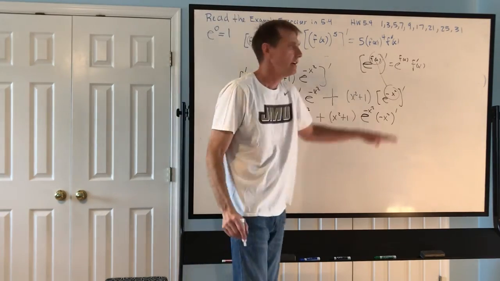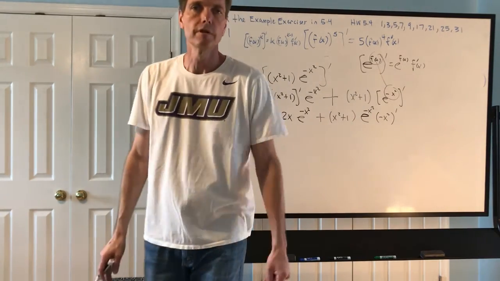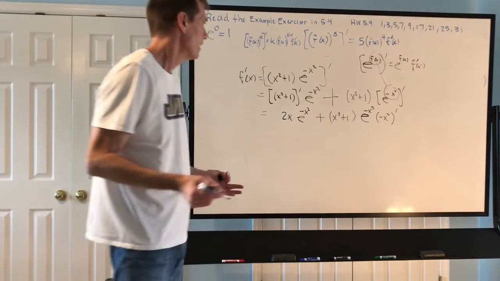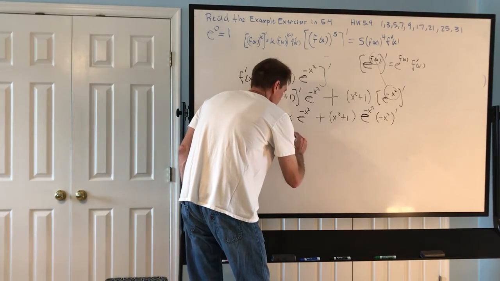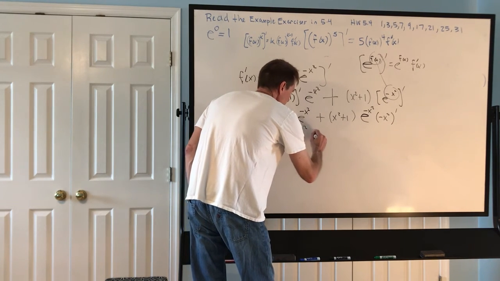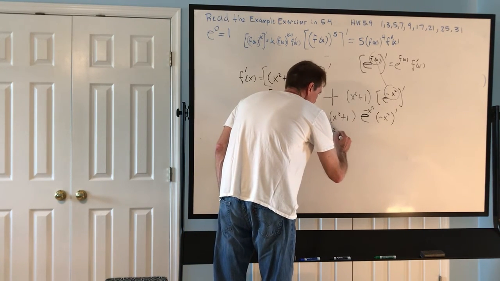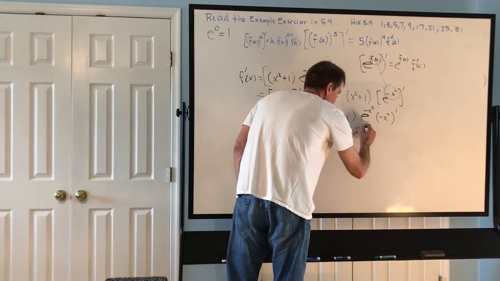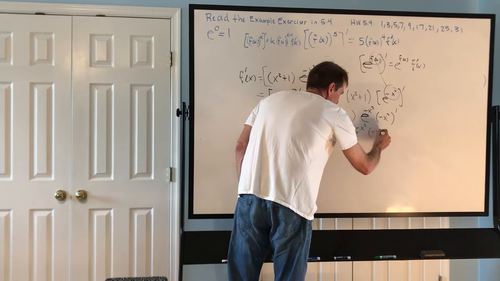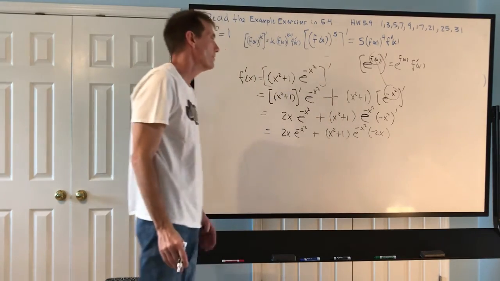Now hopefully everybody could take the derivative of minus x squared. That would be minus 2x. And then we'd clean this up if they needed us to.